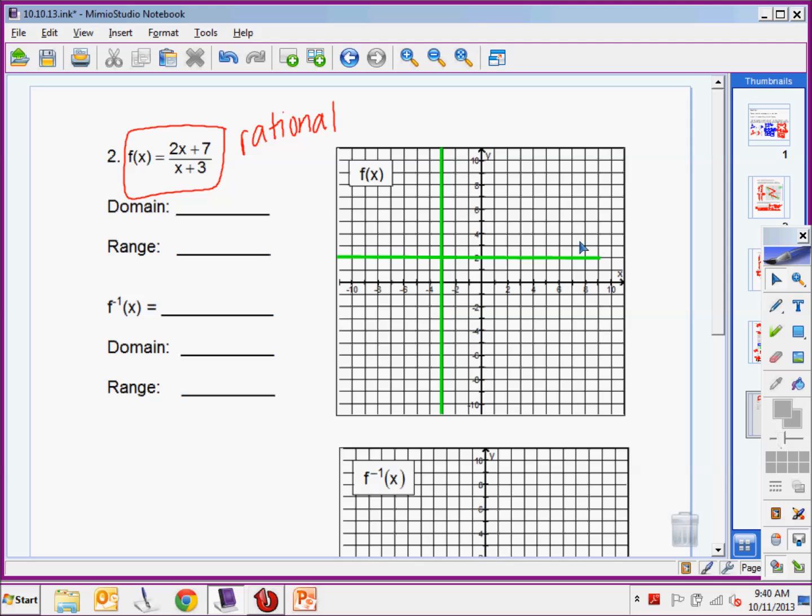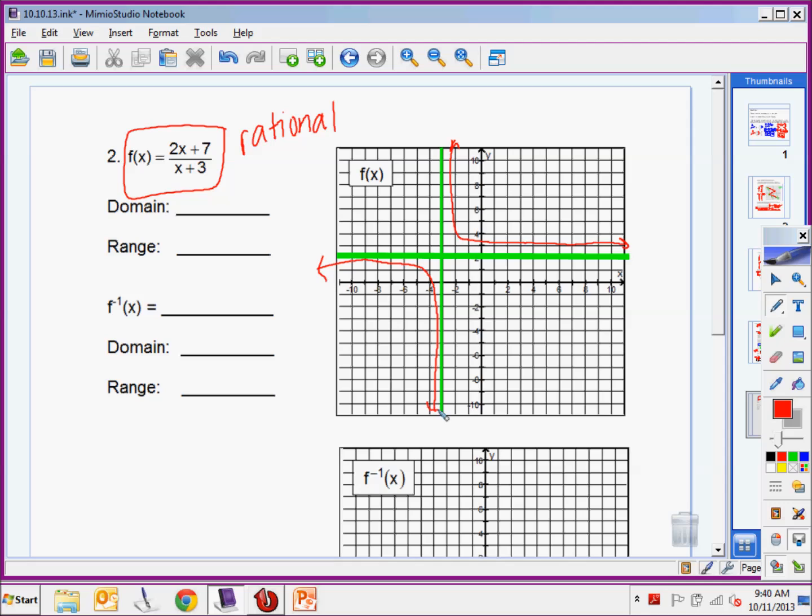All right, so those are our asymptotes. Mine are kind of thick. And now we just sketch it around. So the function was doing something like that and doing something like that.